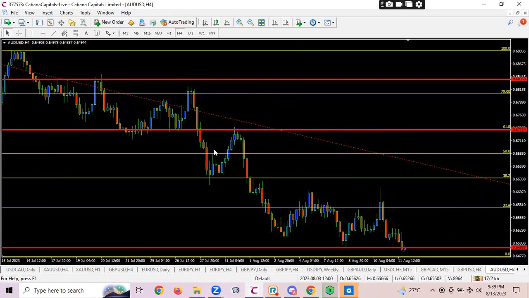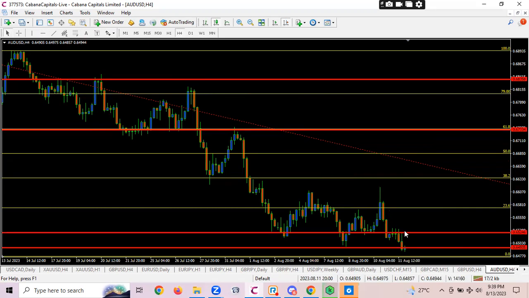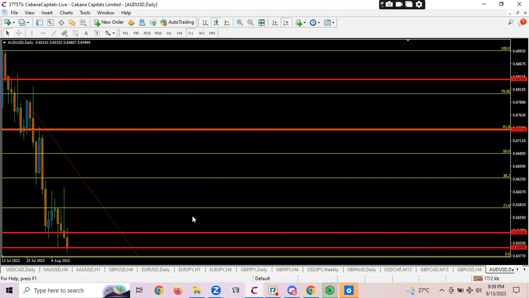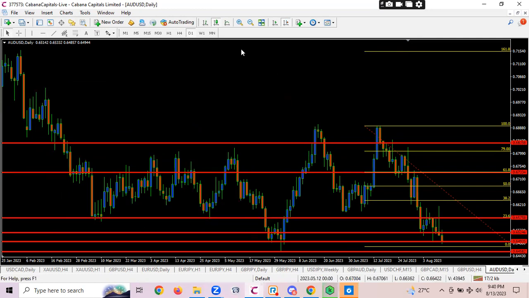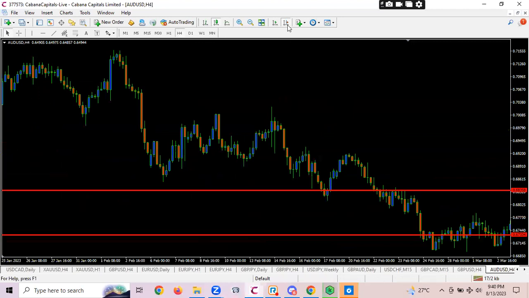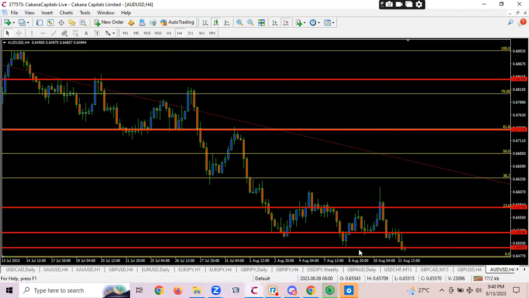You can see on 4-hour, this is another breaker block. On daily, we had it at this level, right? So you should go in with the 4-hour time frame. If a 4-hour candle closes above that breaker block, you can execute a buy trade.